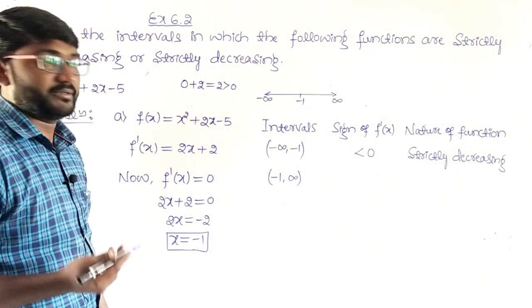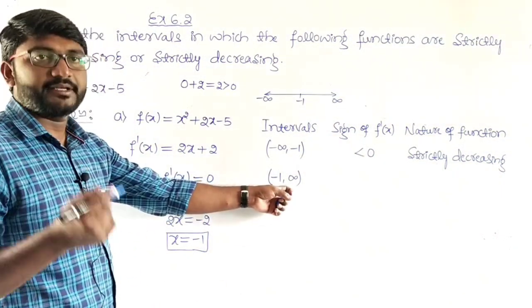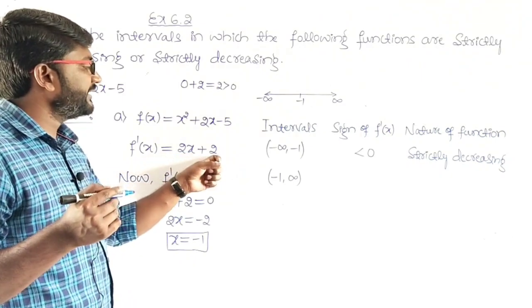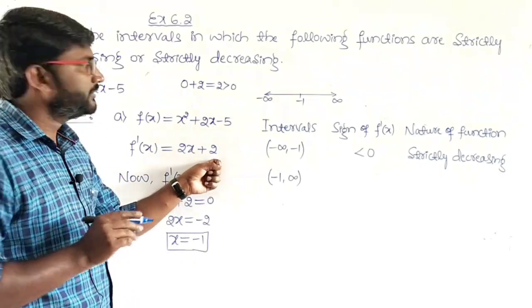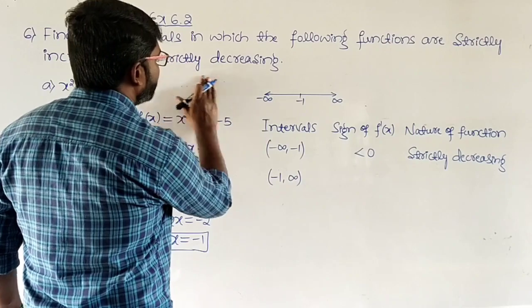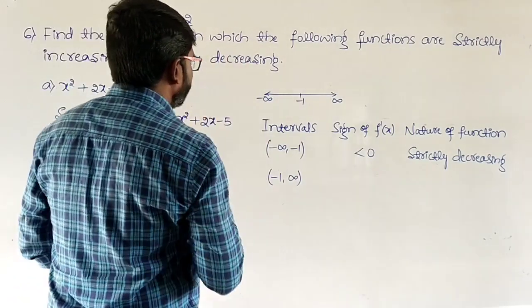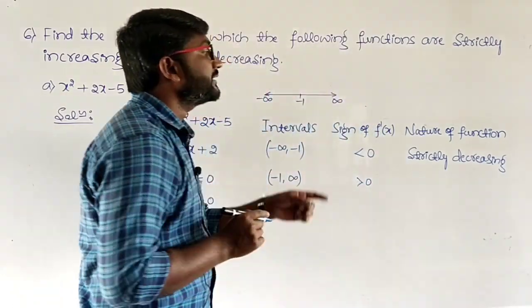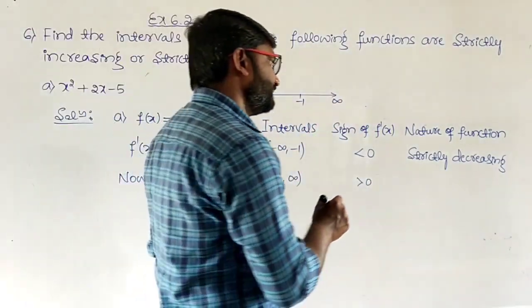Now take another number, we can take 3. 2 into 3 is 6, 6 plus 2 is 8, 8 is greater than 0. That means in this interval, f dash of x is greater than 0. Hence, it is strictly increasing.